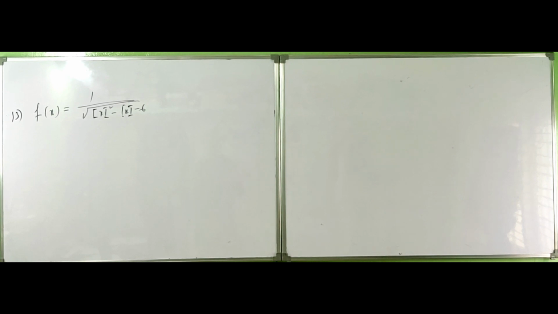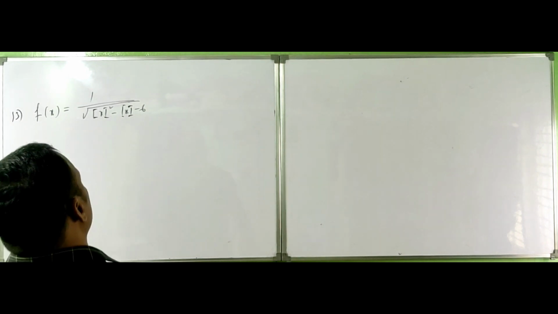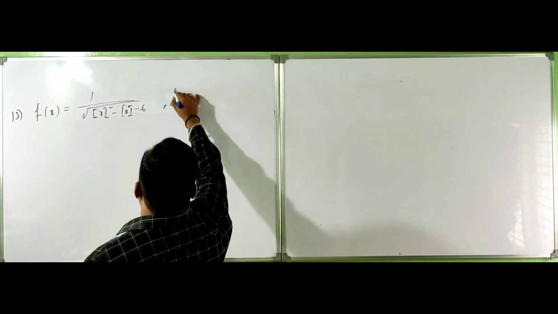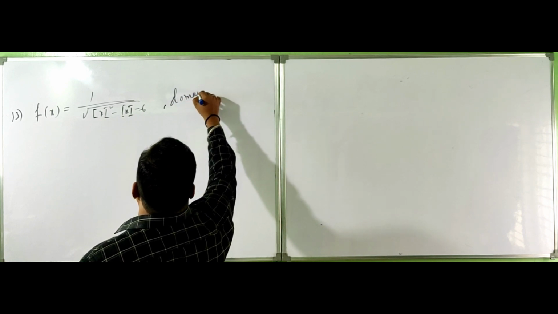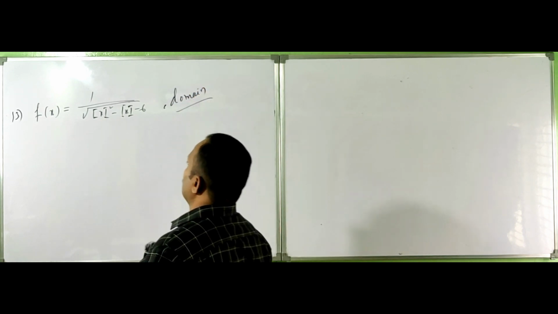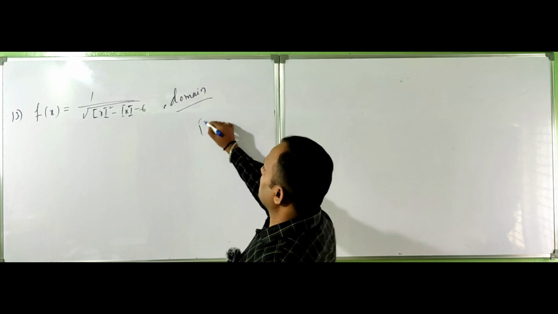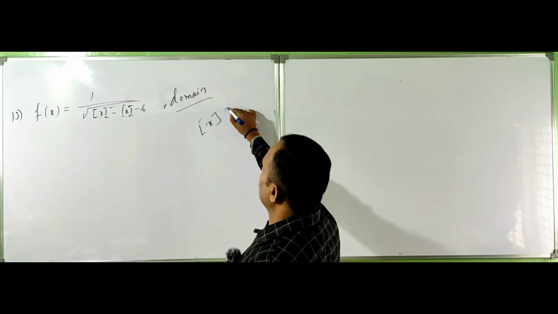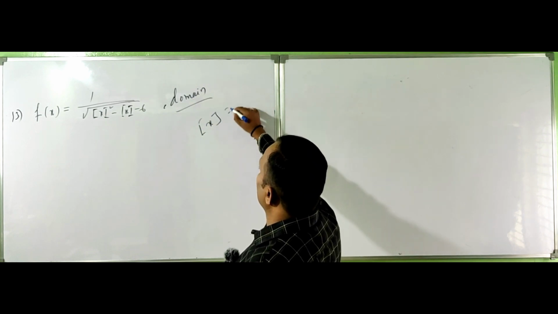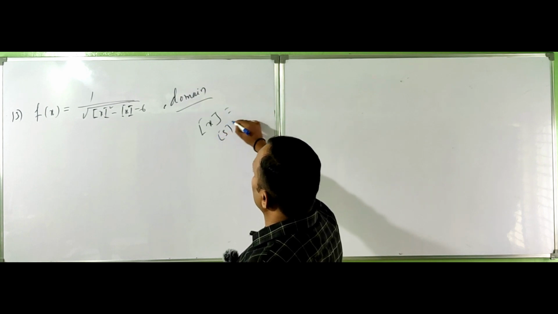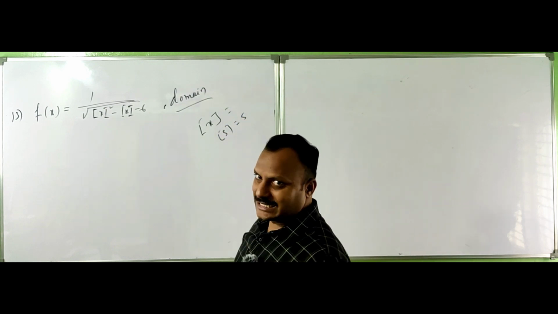Okay, sir. The next question is to find the domain. The domain only. Domain of the function. This is the greatest integer function. Like that, if I write 5, you write it as 5. Greatest integer function.